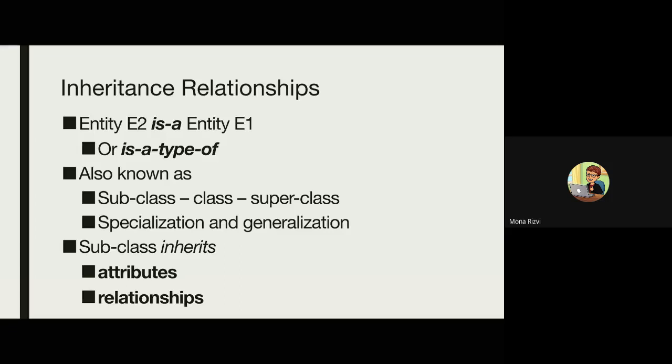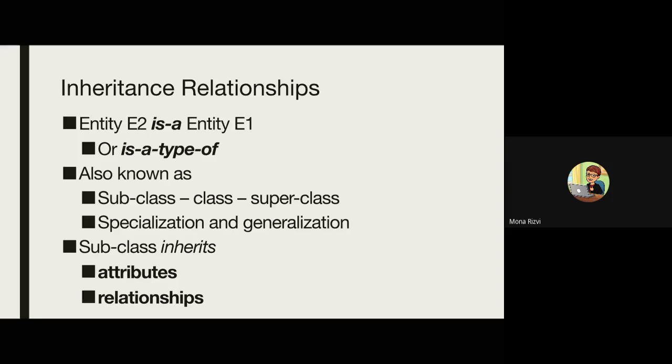Basically, one is going up from the little to the higher class, and specialization is going down from the superclass to the subclass. So in ER models, when you have a subclass relationship, that subclass inherits the attributes and the relationships of its superclass.